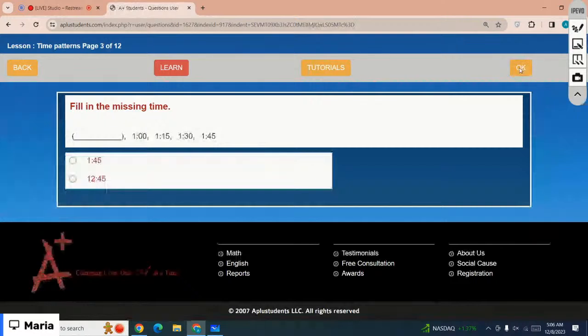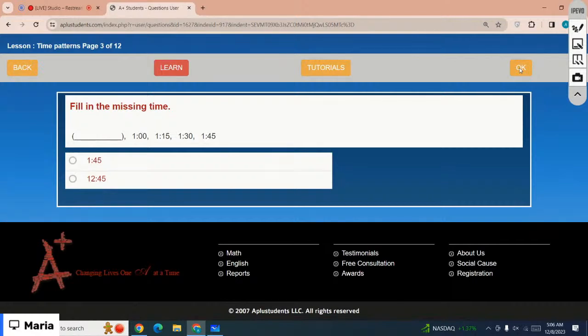Okay, fill in the missing time. Which time is missing? The time is increasing by 15 minutes every time, right?